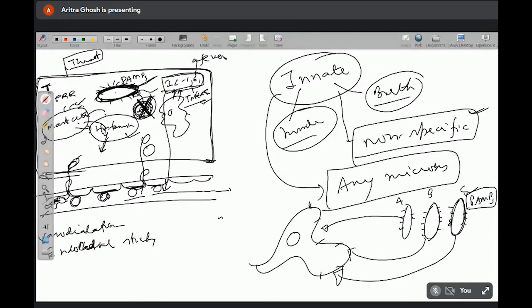First, it has no immunological memory. There are no immunological memories. These are non-specific.